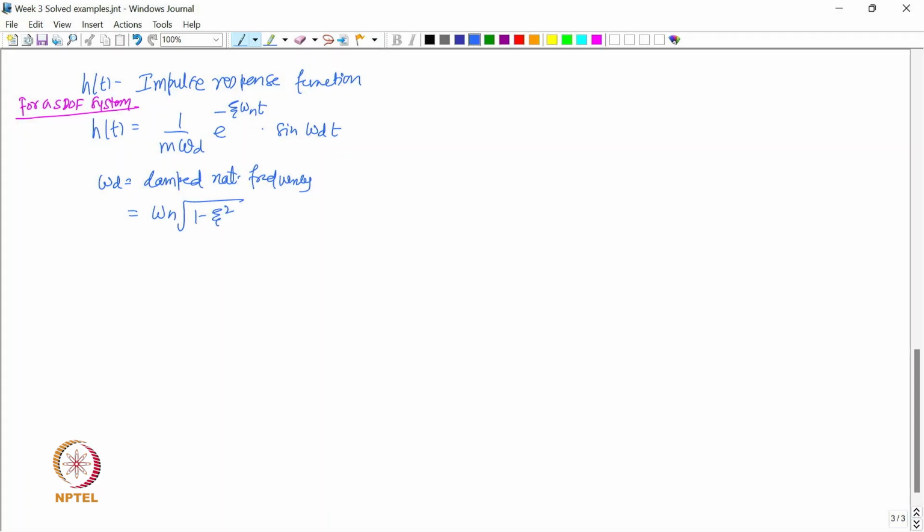Therefore, if we wish to apply this method, we will have to express the force as a function of time. How can that be done? For the present case, the force can be written as f of t is equal to f0 for t greater than or equal to 0 and less than or equal to t naught.